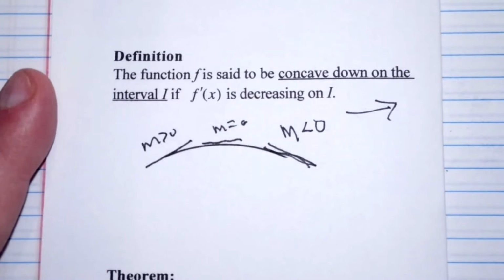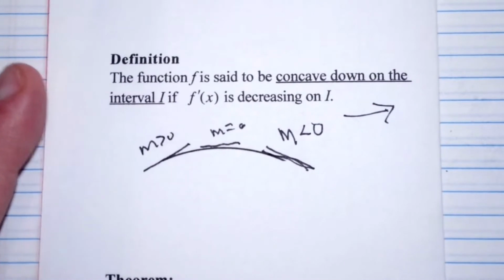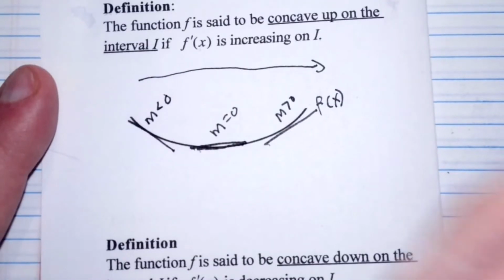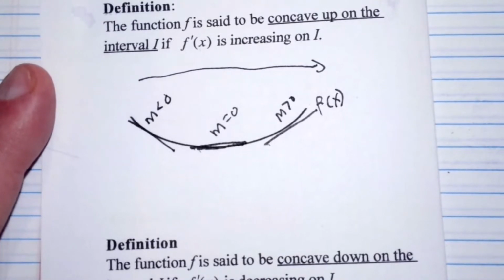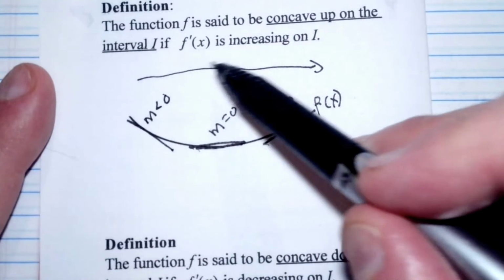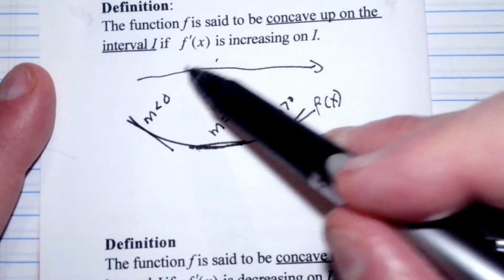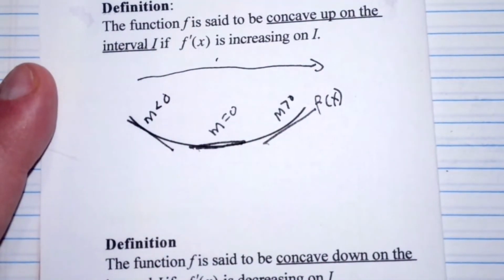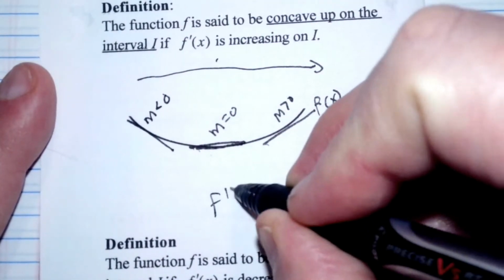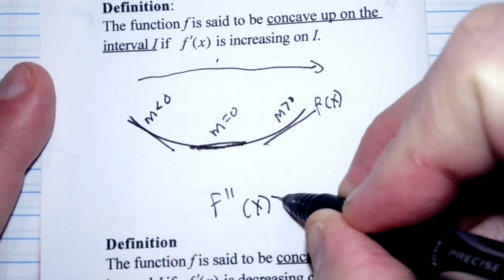So, think about what this means. We said that if we have a function that is increasing, that means its derivative is positive. So f prime is an increasing function. If f prime is an increasing function, that means its derivative is positive, which is to say that f double prime of x is positive.